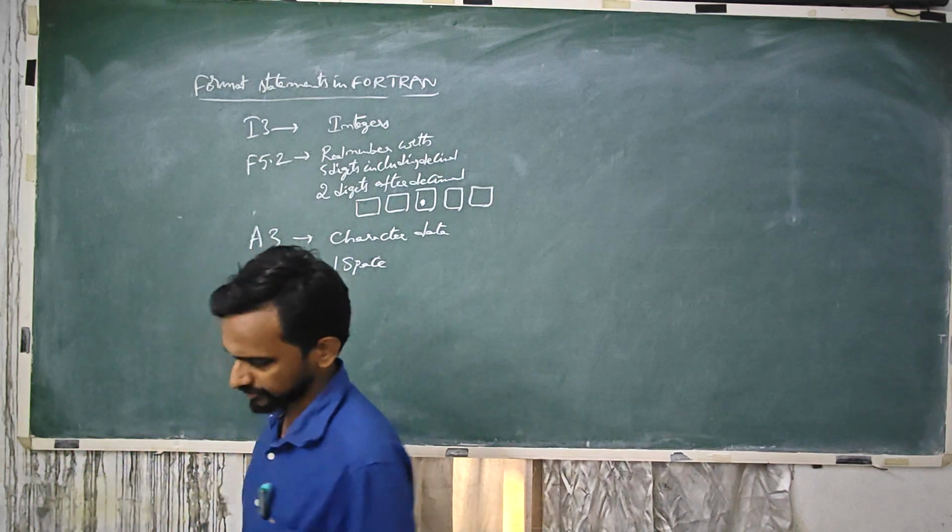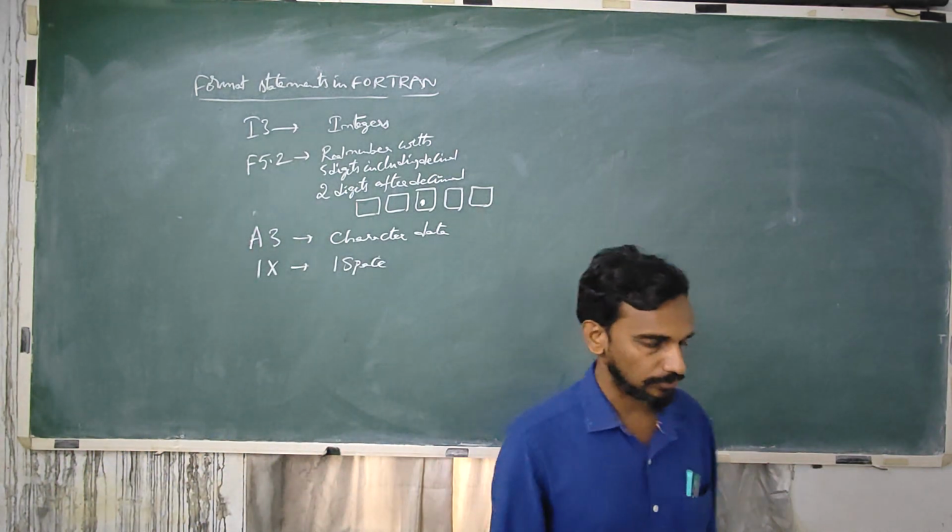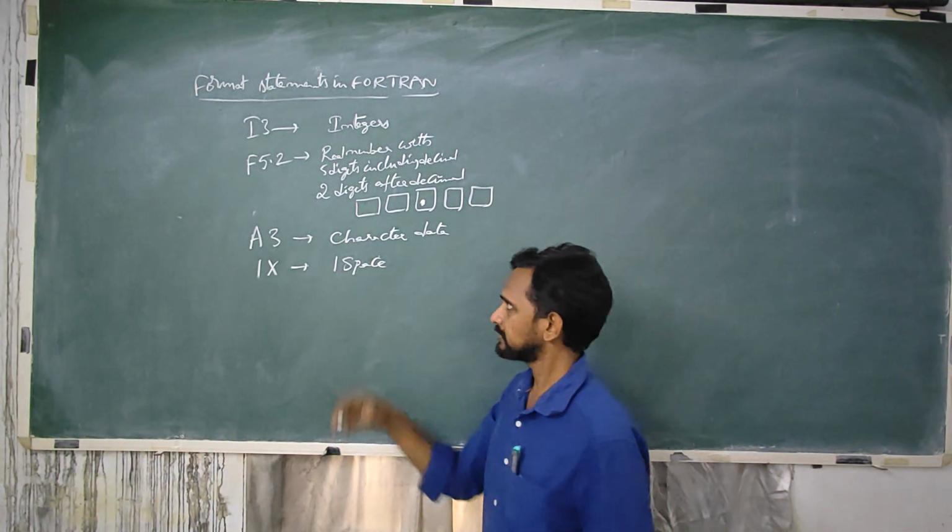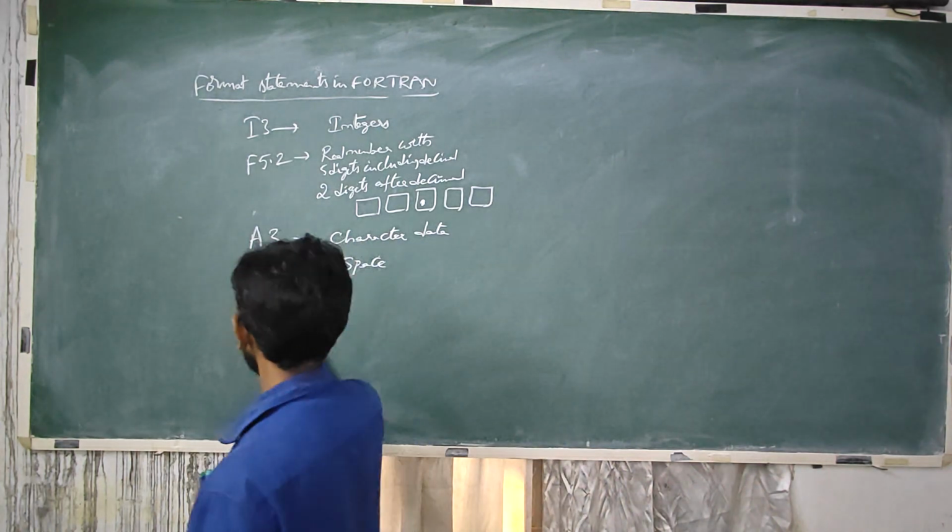One X stands for 1 space, 2X, 3X, whatever, and slash stands for new line.